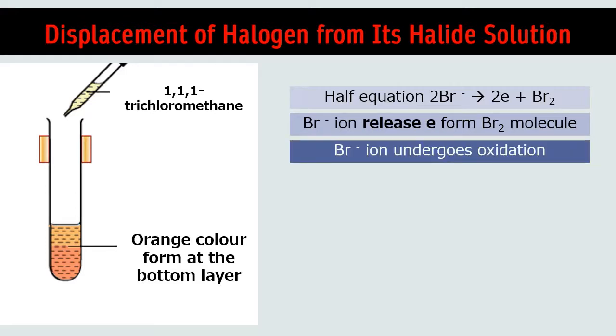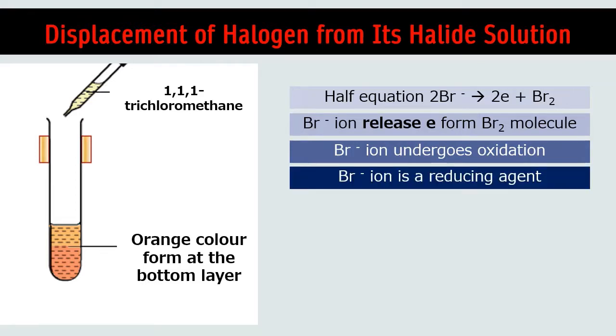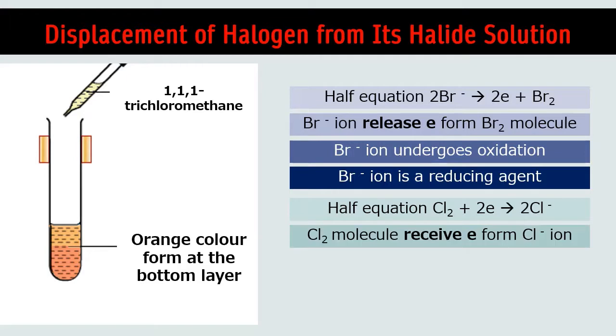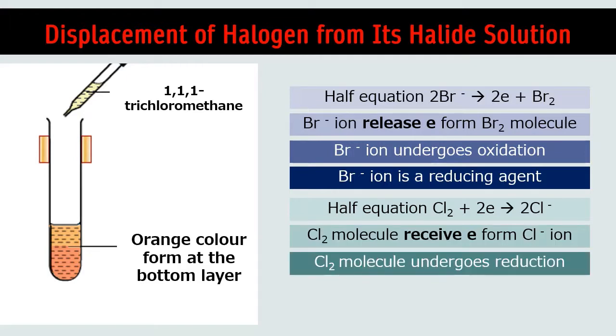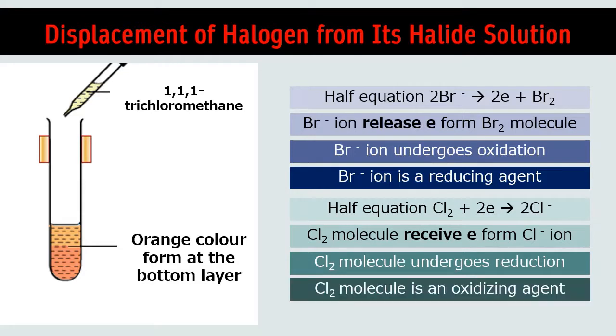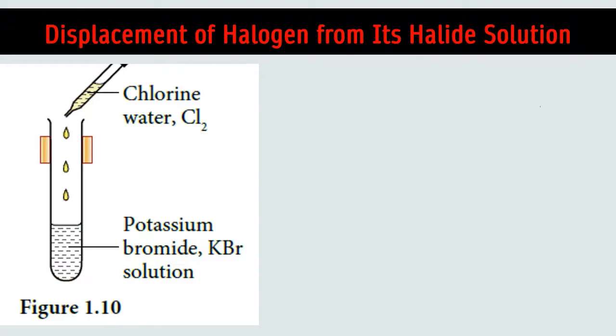Bromide ion undergoes oxidation, and bromide ion is a reducing agent, while chlorine molecule receives electrons and undergoes reduction. Chlorine molecule is said to be an oxidizing agent. Now we need to form the full ionic equation for this reaction.